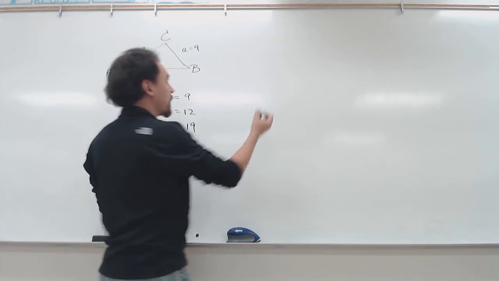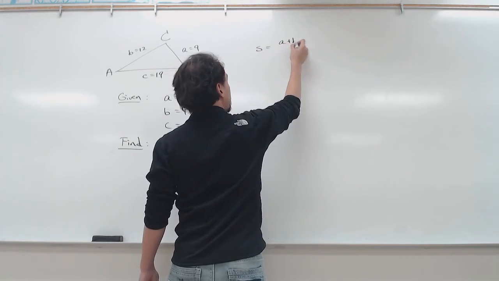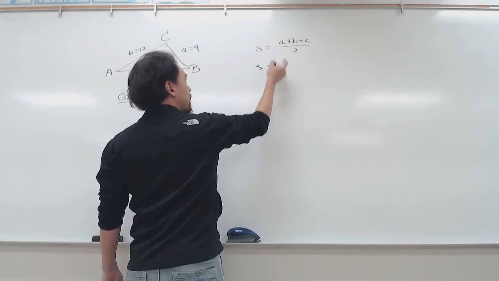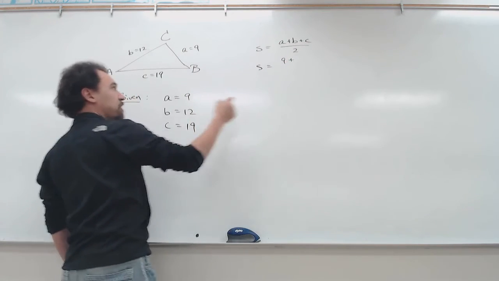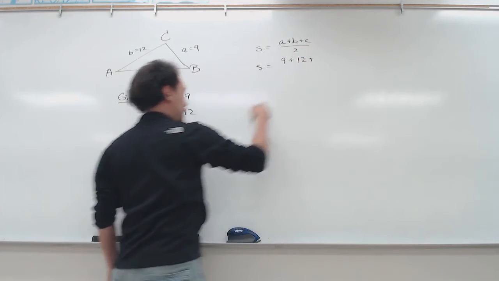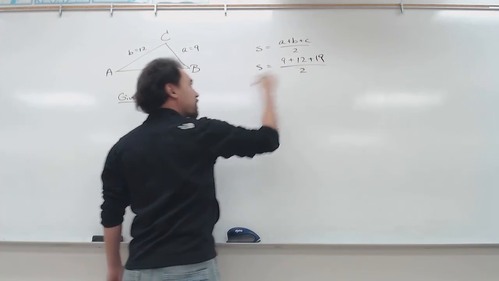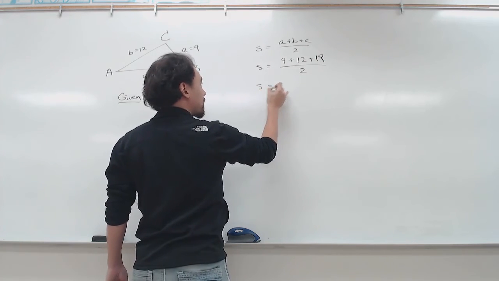We're going to start by saying we need s to be a plus b plus c all over 2. So we're going to say this is a is 9, b is 12, and c is 19. We're going to take this and divide by 2. So the top should come out to be 40. So if I divide by 2, I'll get s is equal to 20.